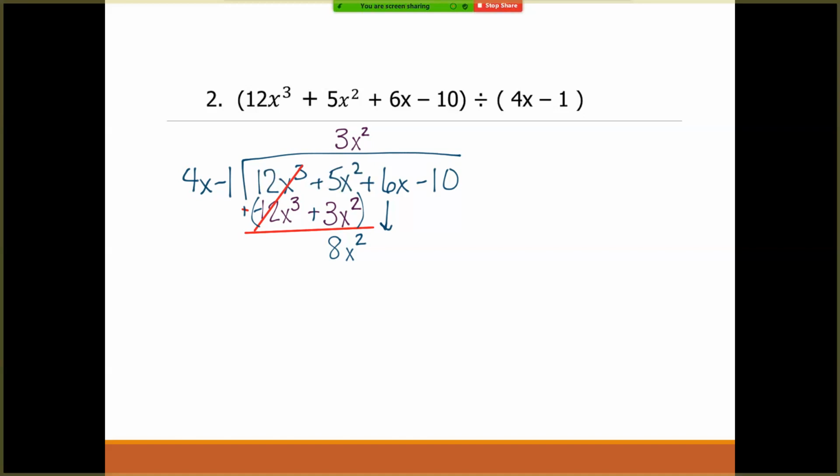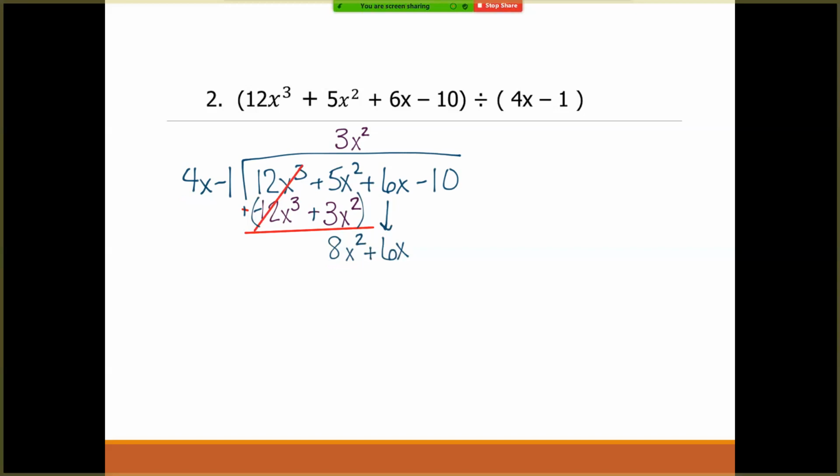Then we're going to repeat the cycle, but first we're going to bring down the next term, plus 6x. We're not going to worry about bringing down the minus 10 just yet. So we just brought down the 6x, then we're going to repeat our cycle. What do I have to multiply the first term by to get the first term?